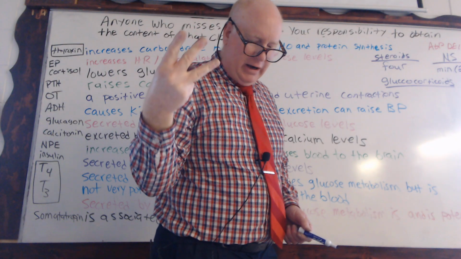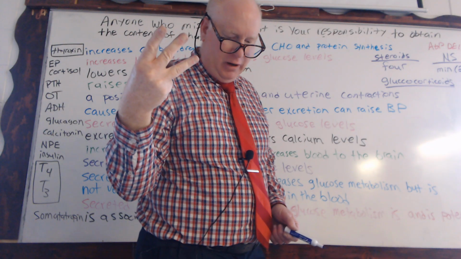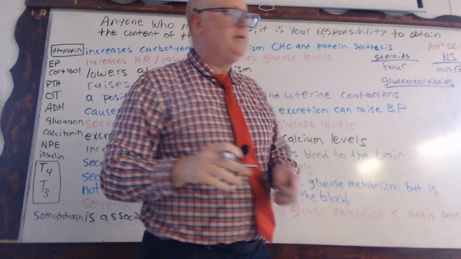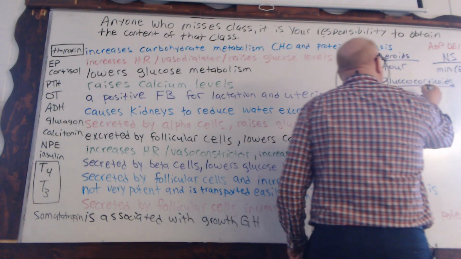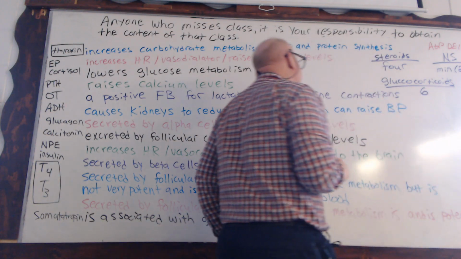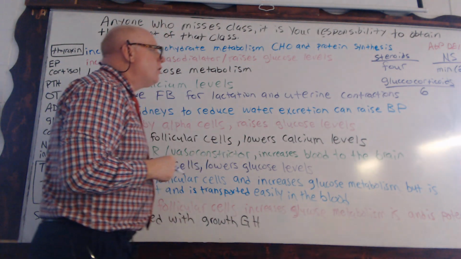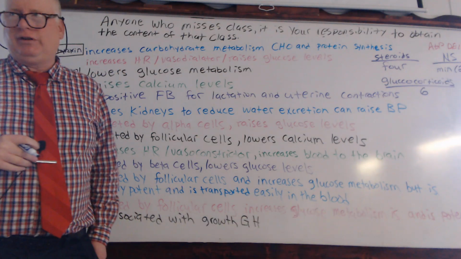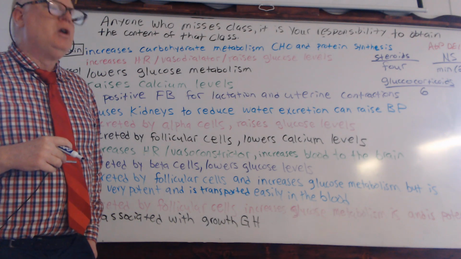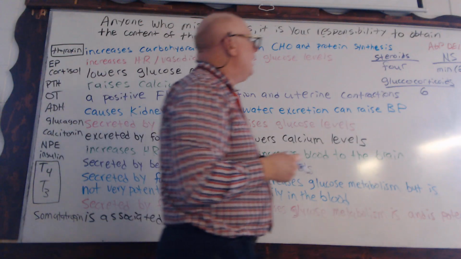Insulin and glucagon, now we're up to 3. Epinephrine, norepinephrine, and thyroxine. So there are 6 of those. Now, are they all non-steroids? Are they steroids? Or are they a mixture of the two? One steroid and 5 non-steroids.